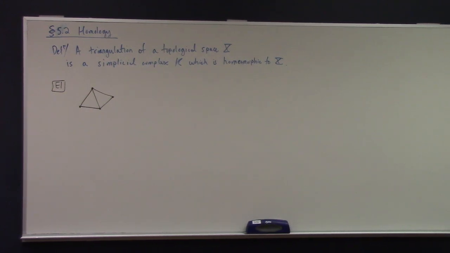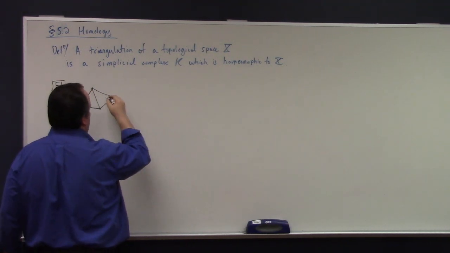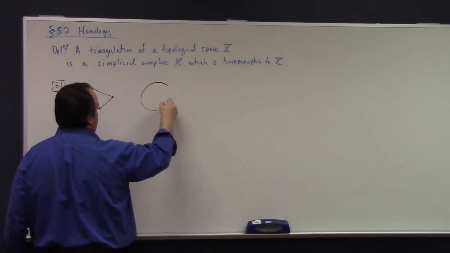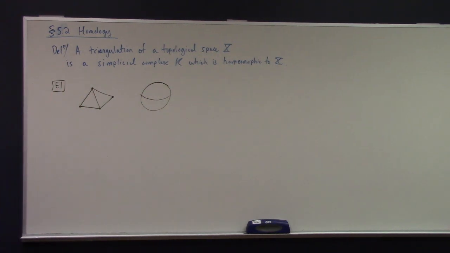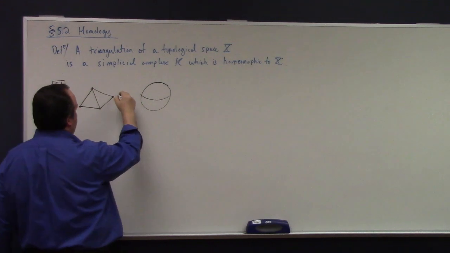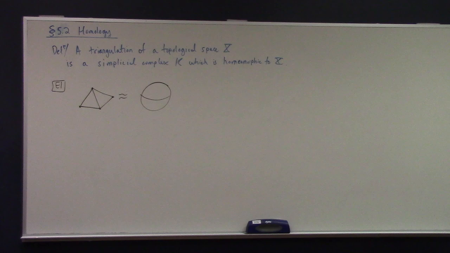But if you'll allow me the abuse of just referring to the largest set, the union of all those, this tetrahedron is homeomorphic to what? What do we call that? The sphere. The sphere, right?